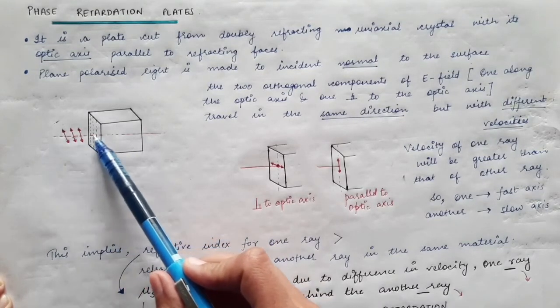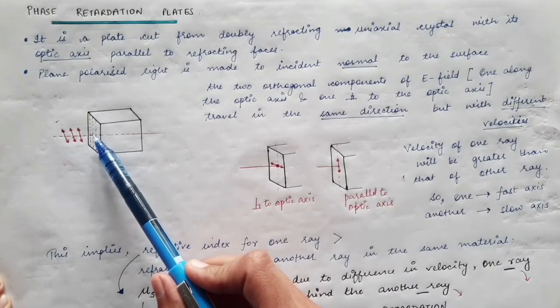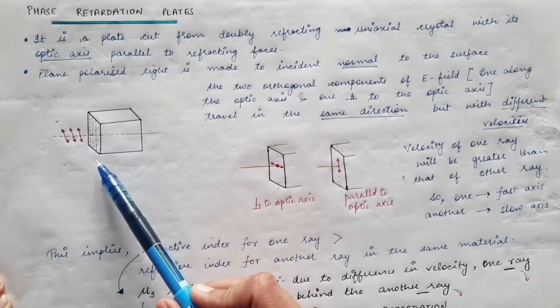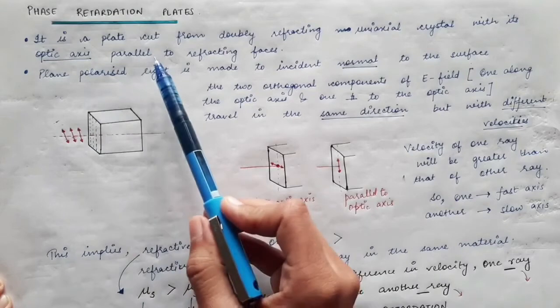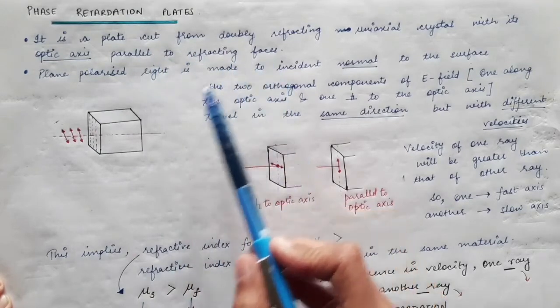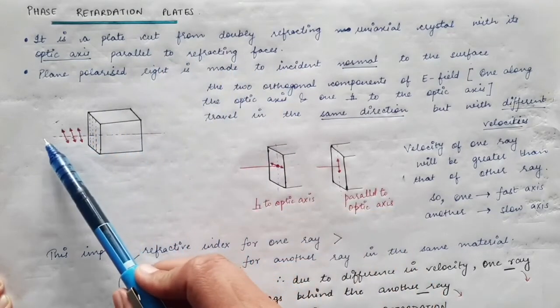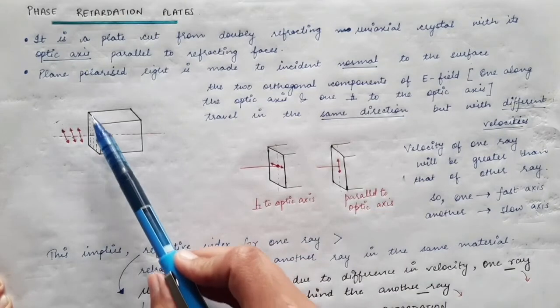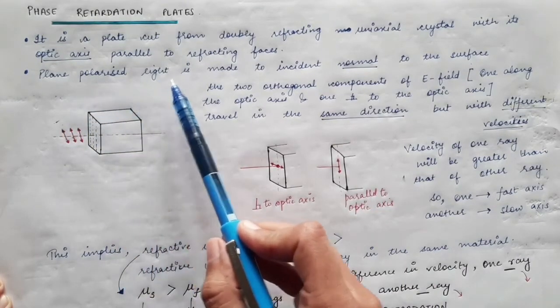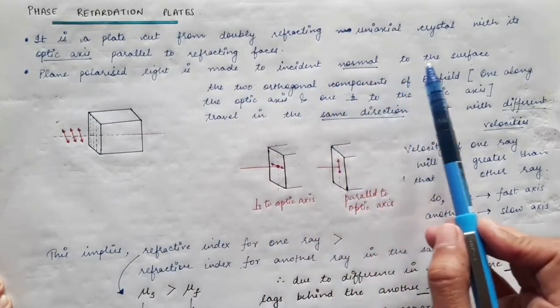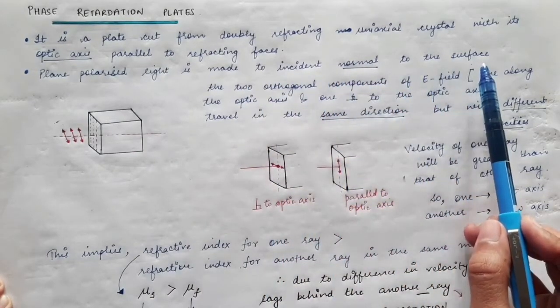So the direction of propagation of the incident light will be perpendicular to the refracting face, or you can say perpendicular to the optic axis, because the optic axis is parallel to the refracting faces of this plate, and the incident light is made to fall normal to the optic axis. So plane polarized light is made to be incident normal to the surface of the plate.